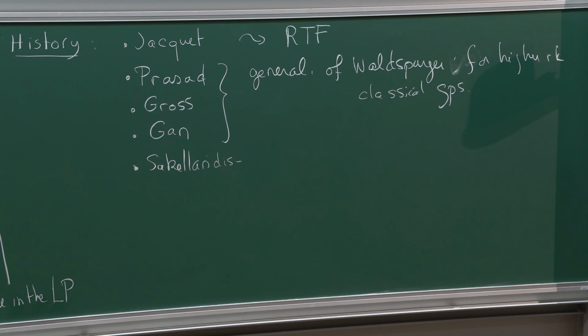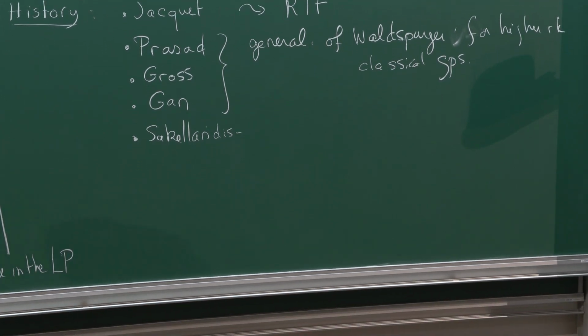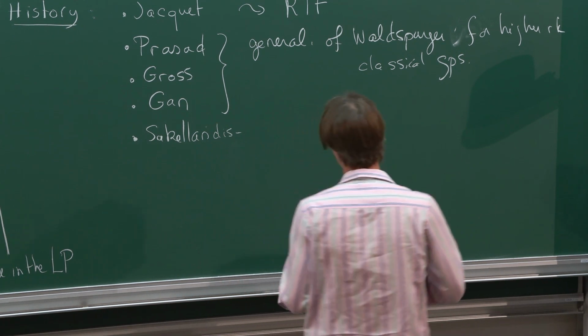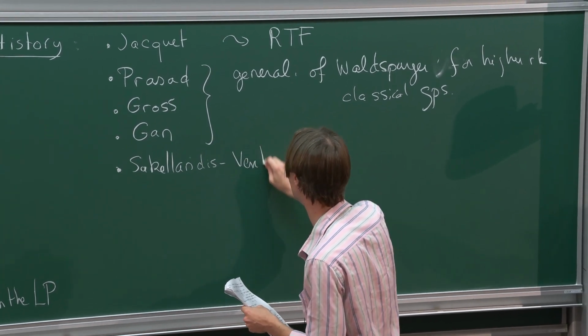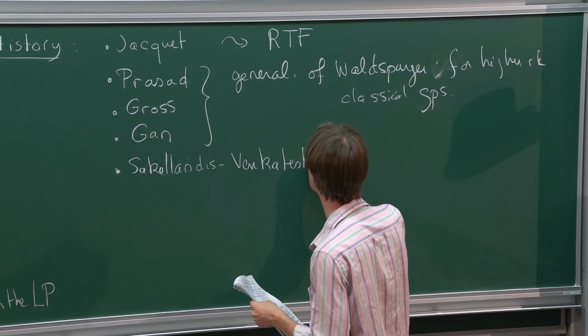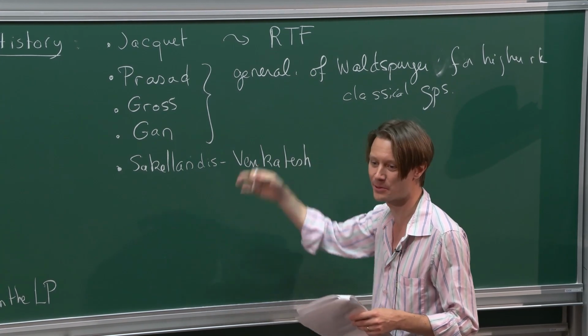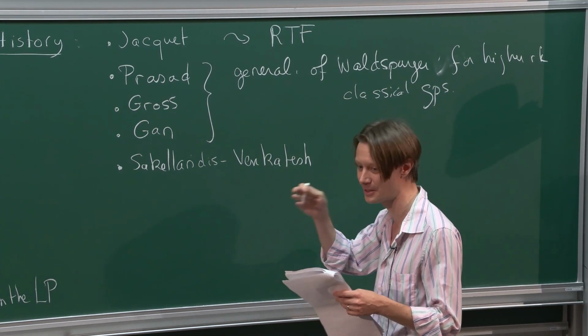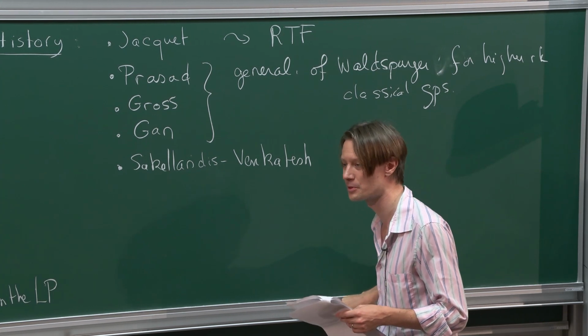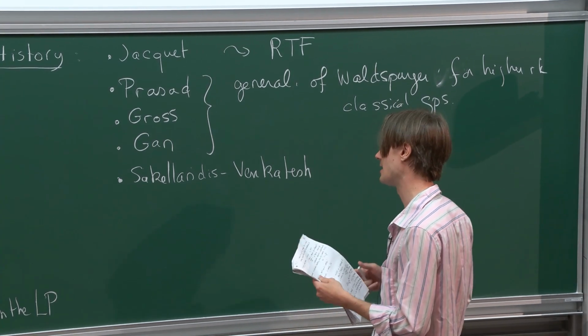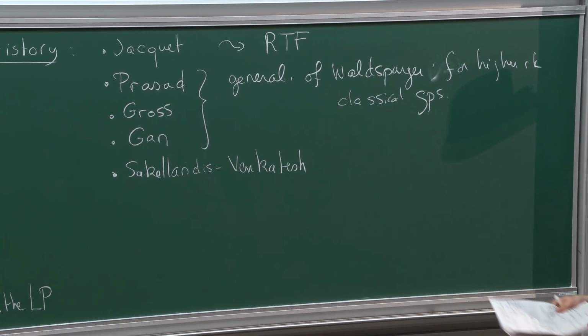I will not write all the names. Sorry for all the people. It's roughly following also the plan I will follow in this course, and of course it's a partial history, right? A lot of other people have contributed to this, and they're just not mentioned here, I'm sorry.